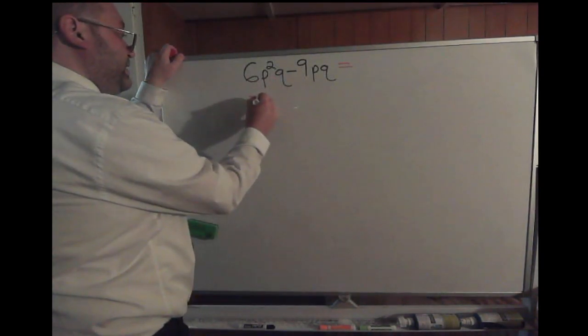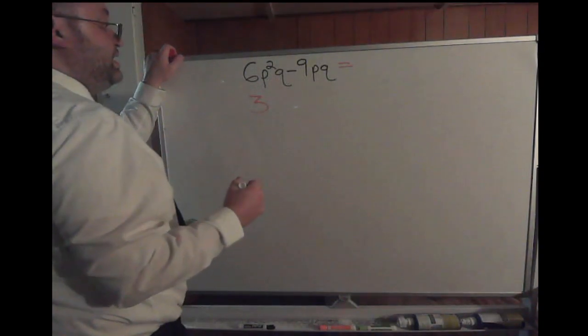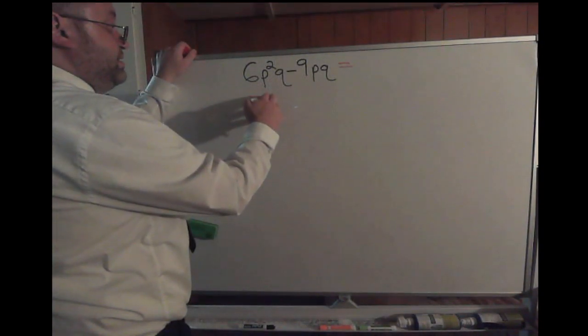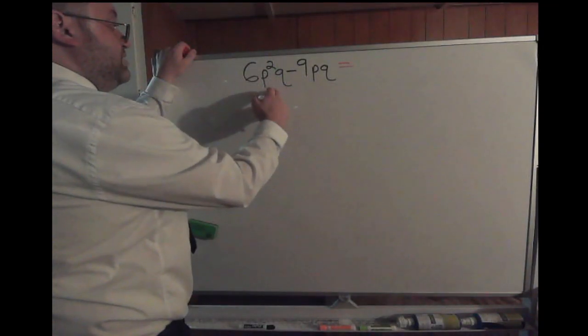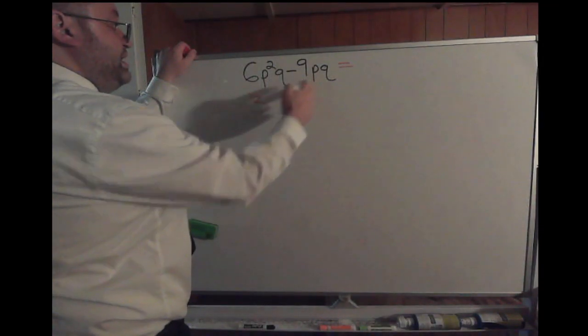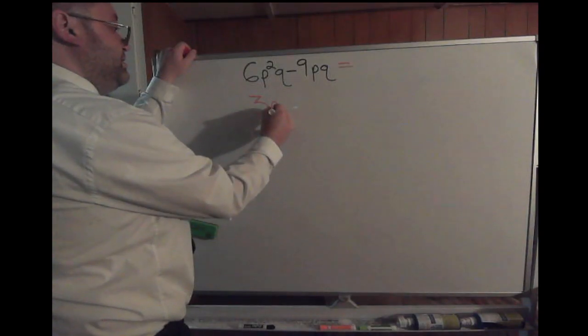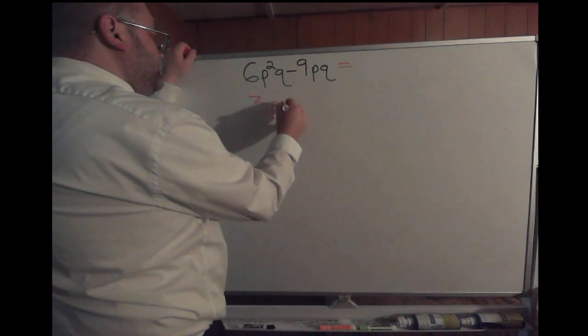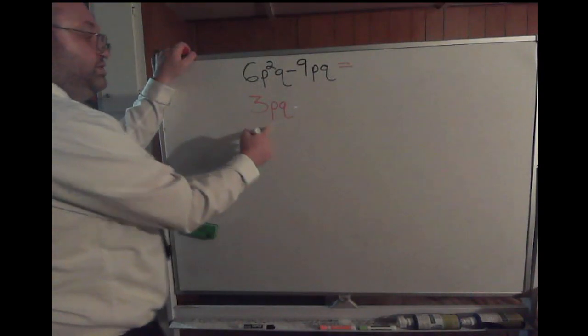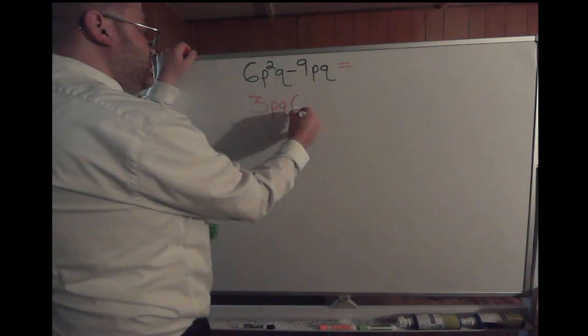That'd be a 3. Okay. Do they have any variables in common? Well, both p and q are common because you have p squared in the first term and p in the second term, so p is common. And then you have q on each term, so the q is also common. So 3pq is your greatest common factor.